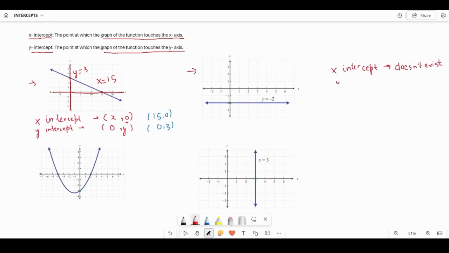Now what would be the y-intercept of this graph? You can see here that the graph is touching the y-axis at y equals -2. That means here the y-intercept is -2 and in ordered pair you will write it as (0, -2).